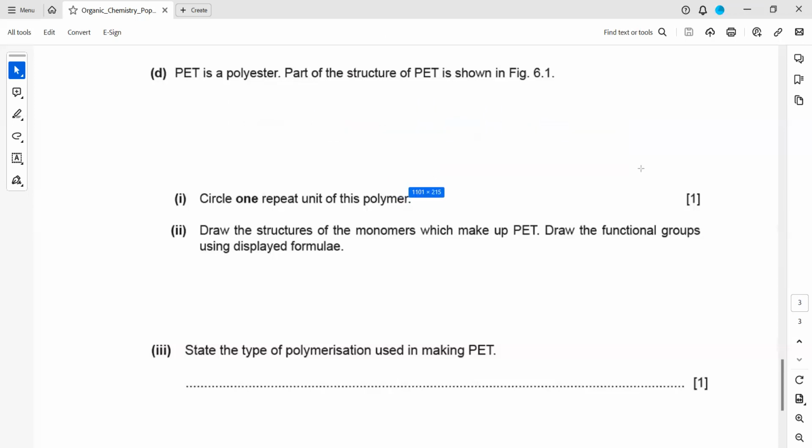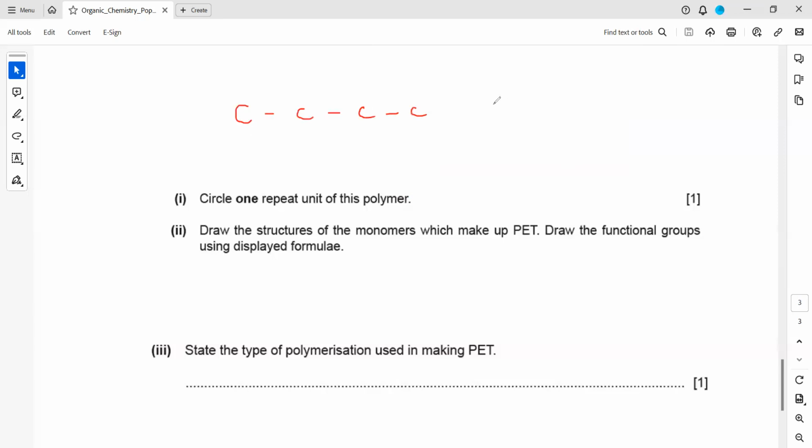For example, say this was a question: you have carbon chains linked, an addition polymer. This is H, this is H, this is CH3, this is H, then again H, H, CH3, and H, and again H, H, CH3, and H.